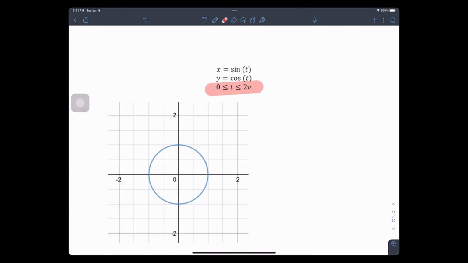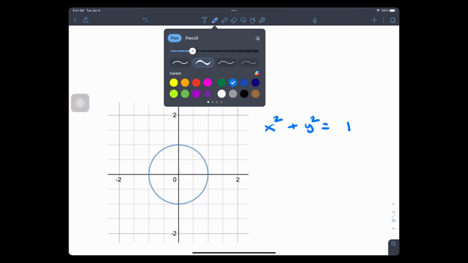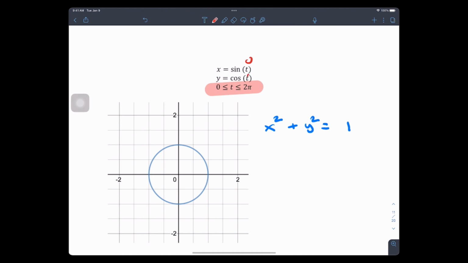And so I can change this, I cannot change this. It won't matter because now squaring both sides and adding them is going to give you the same thing as you did before. It's just your initial point is going to be the same as the terminal point, wherever that is. So if I just keep this picture, sine is 0, cosine 0. That is 0, 1. T is 0.